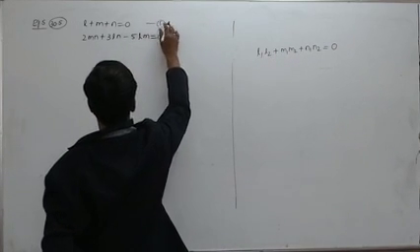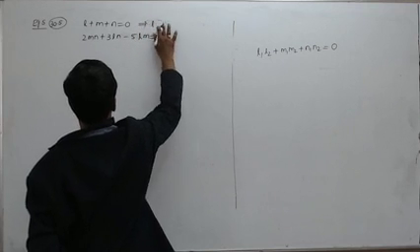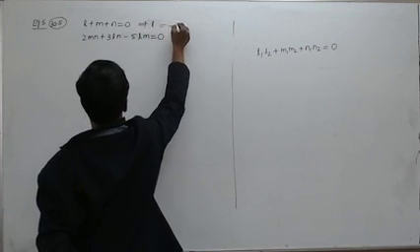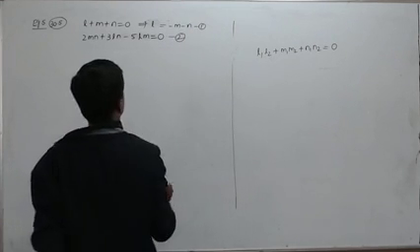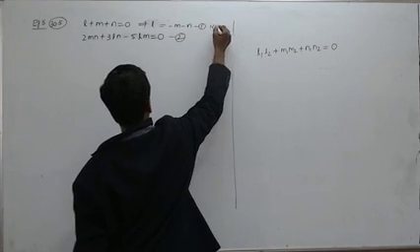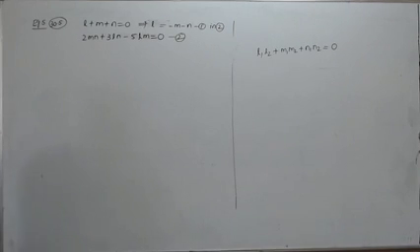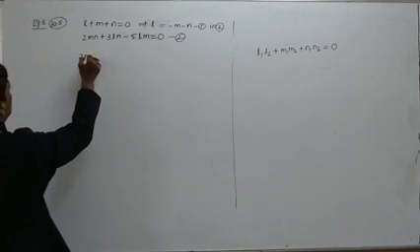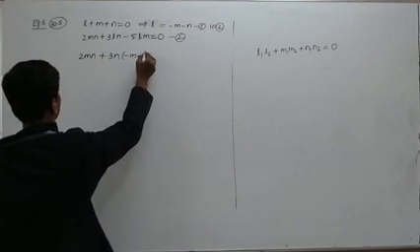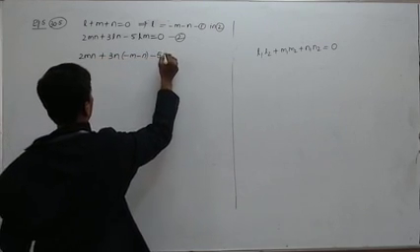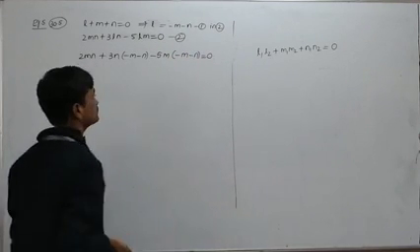From equation 1, l can be written as minus m minus n. Let it be equation 1 and this is equation 2. Put that l value in equation 2. Then what you will get: 2mn plus 3n into (minus m minus n) minus 5m into (minus m minus n) is equal to 0.